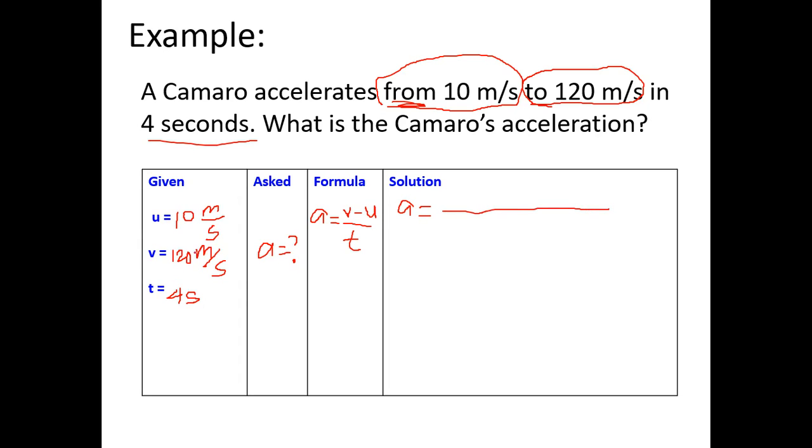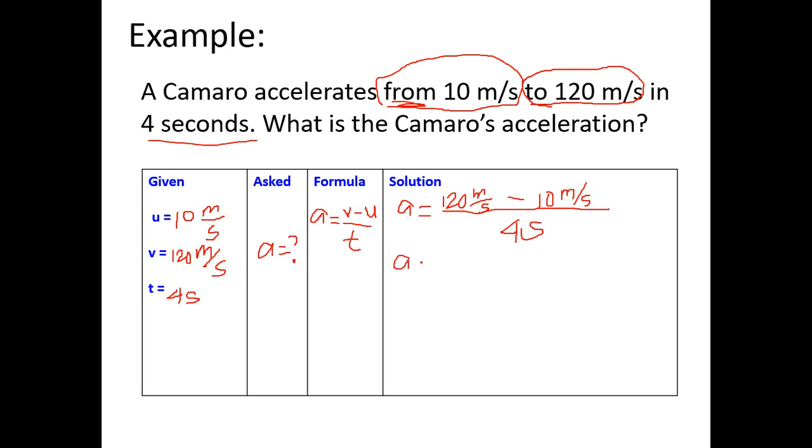Your v is here 120. So you go 120 m/s minus your u is 10 m/s over your time is 4 seconds.